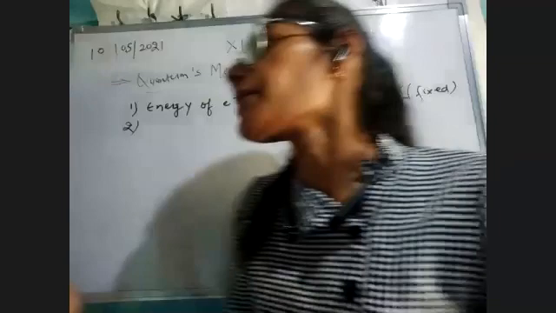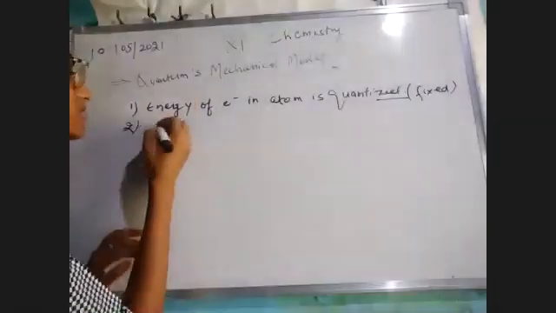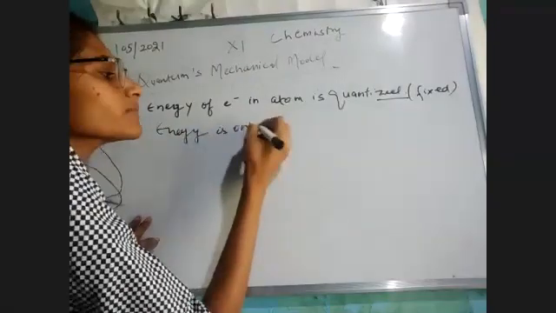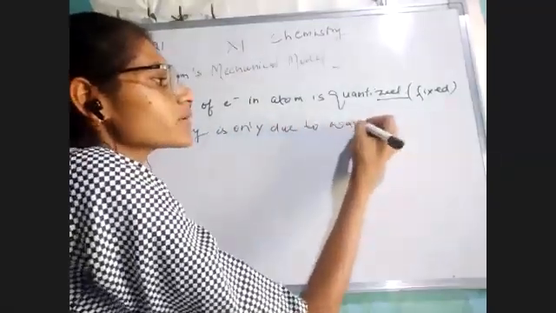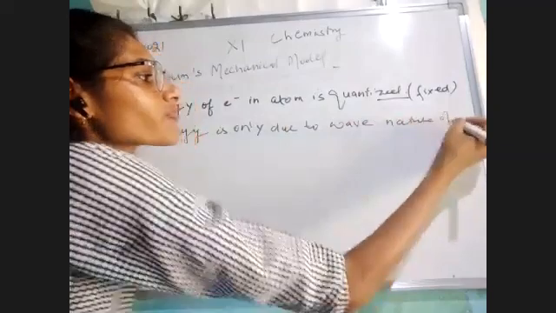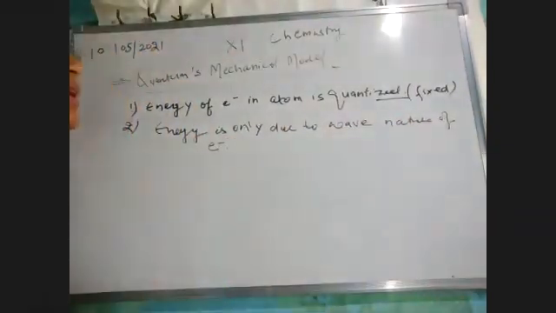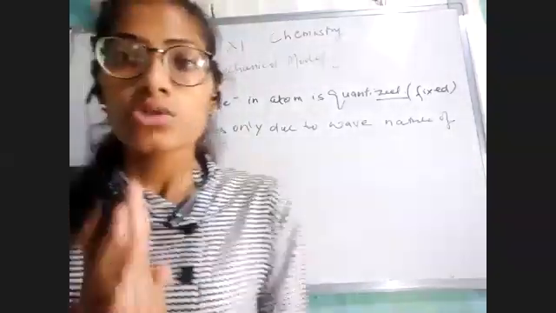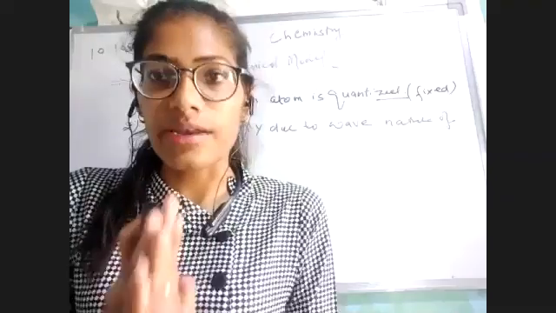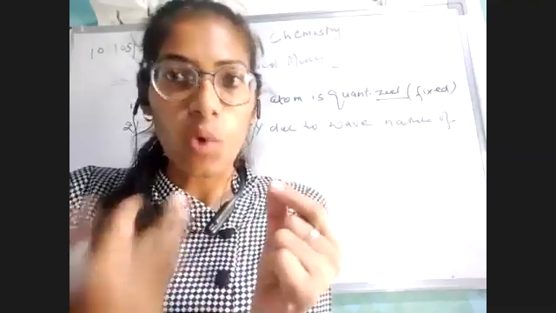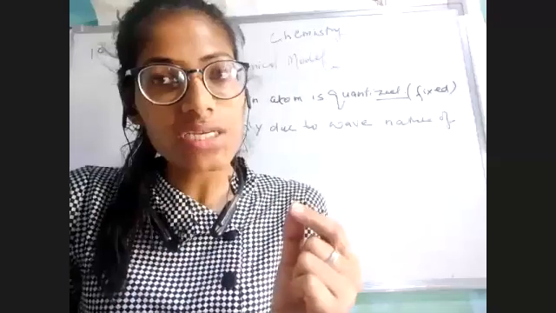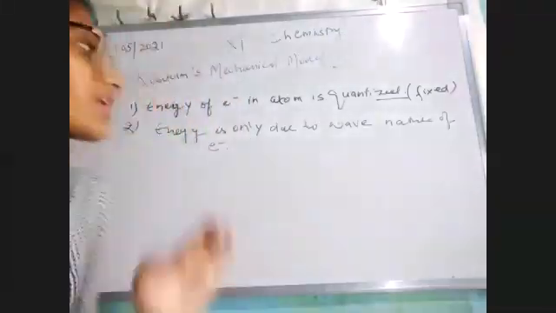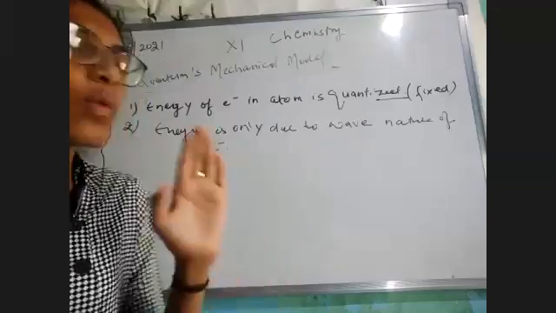Okay, so second, he told us that the energy is only due to the wave nature of particles like the electron. We observed in our previous classes that we have 2 different ways to represent it, that was wave nature as well as particle nature. So he said that the energy is only due to the wave nature of electrons rather than particle nature.